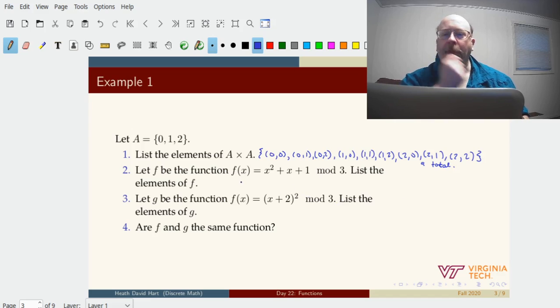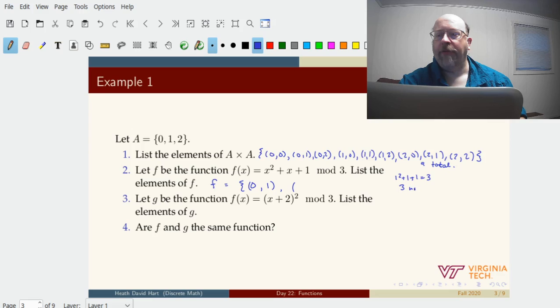All right, let's look at this function. f(x) = x squared plus x plus 1 mod 3. So let's look at the elements of f. This function is the set: 0. 0 squared plus 0 plus 1 is 1, so that's going to be the answer for 0. 1 squared plus 1 plus 1 is equal to 3, but 3 mod 3 is equal to 0.